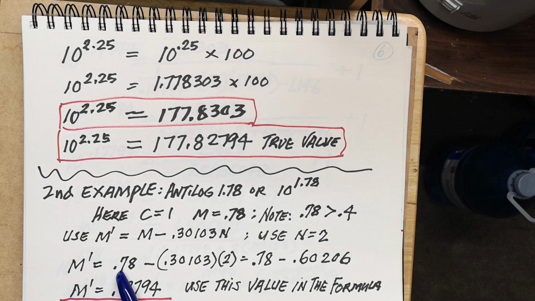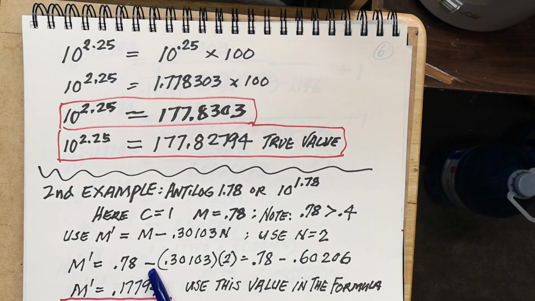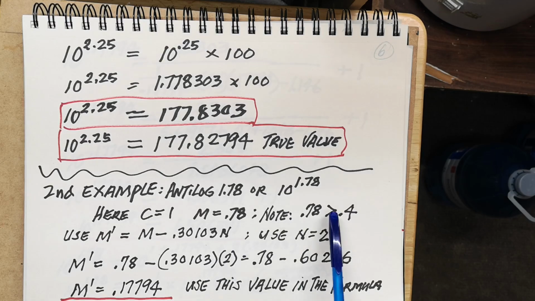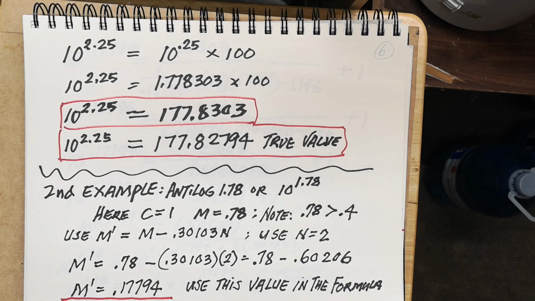So m prime equals 0.78 minus 0.30103 times 2, that's the n, which is 0.78 minus 0.60206. So m prime is equal to 0.17794.